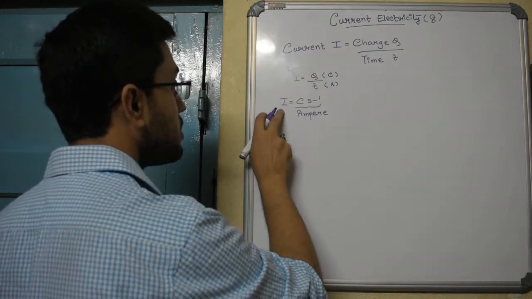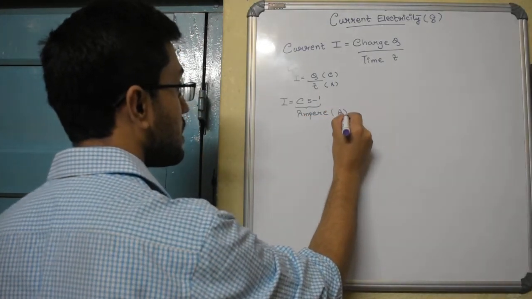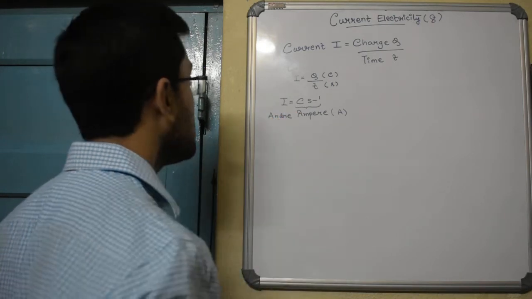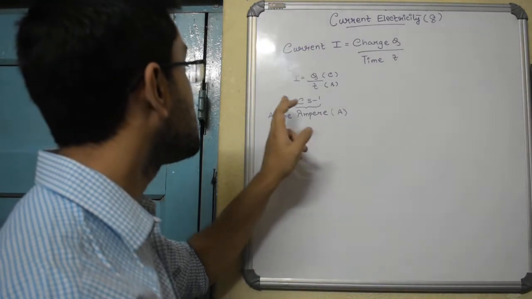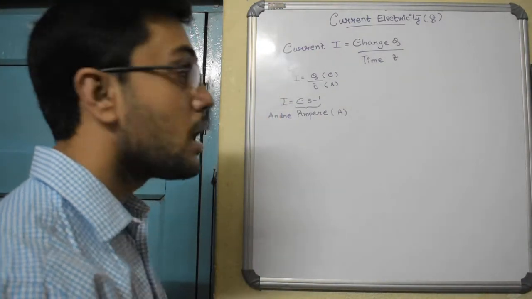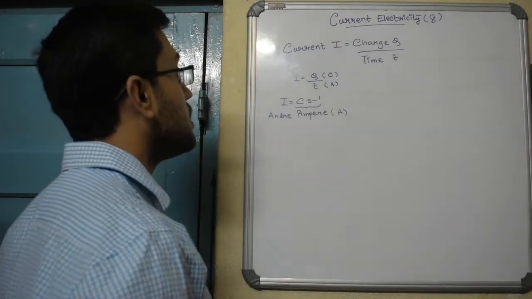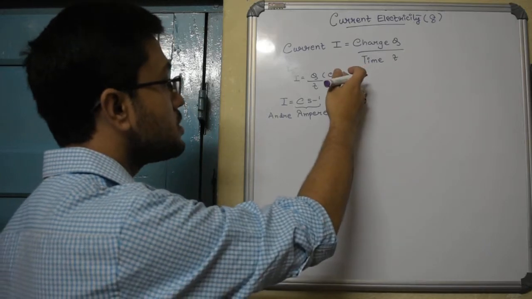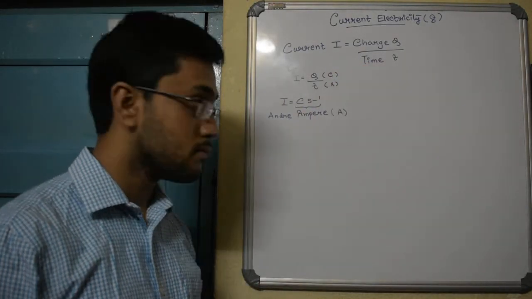So the SI unit of current is ampere and it is represented by the symbol capital A. This is in honor of the scientist Andre Ampere, after whom the unit is named. So the current flowing through a conductor or a circuit is said to be 1 ampere if a charge of 1 coulomb is flowing through a cross section of the conductor in a time of 1 second.